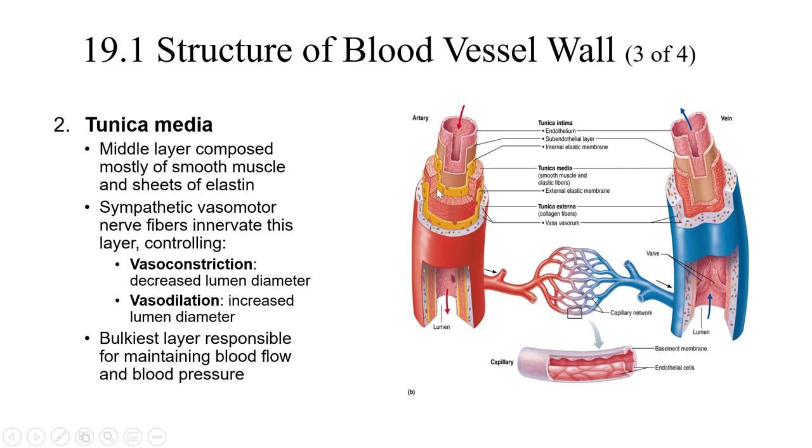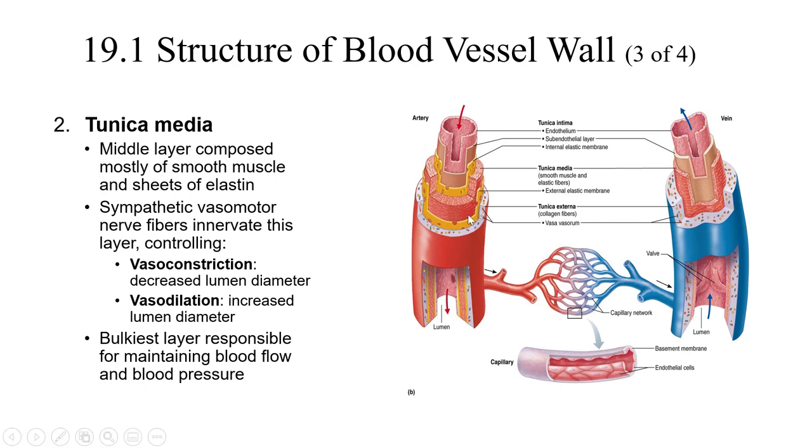The tunica media is the middle layer for both of them. The middle layer is composed mostly of smooth muscles, and that is actually your smooth muscle layer, that red or heavy or dark pink area, and made up mostly of sheets of elastin.